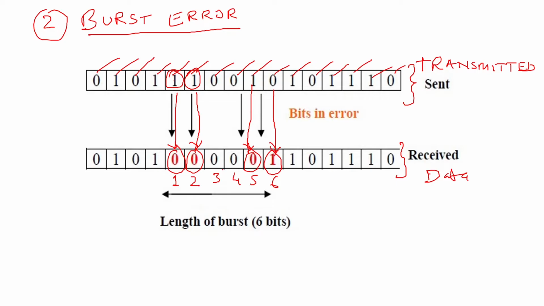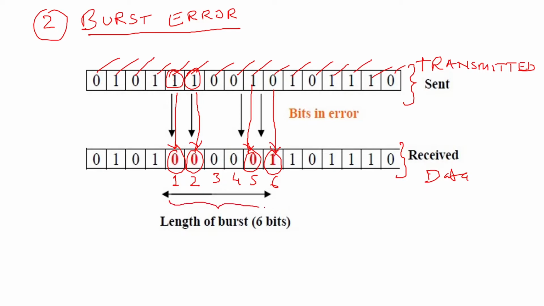But when you speak about burst error, it does not necessarily mean that error occurs in consecutive, successive bits. The length of the burst is measured from the first corrupted bit to the last corrupted bit as shown. So from the first to the last, 6 bits will be the length of the error, that is the burst error.